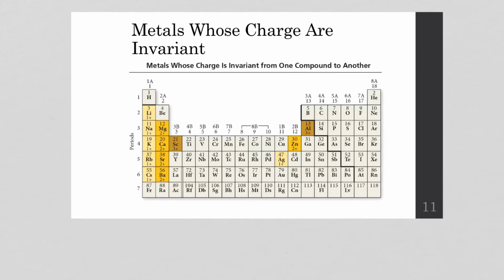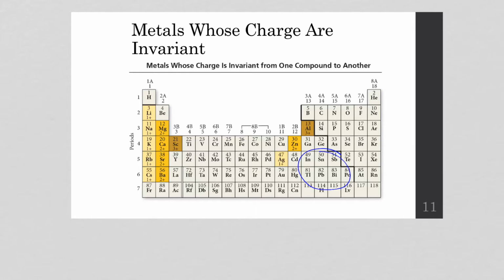So just to point out, the metals that always form the same charge are our alkali metals that form a positive 1, our group 2 alkaline earth metals that form a positive 2, and our group 3 metals, which is really just aluminum, which will form a positive 3. Now, all our other transition metals and some of these lower main group metals down here, like lead and tin, can form multiple charges.